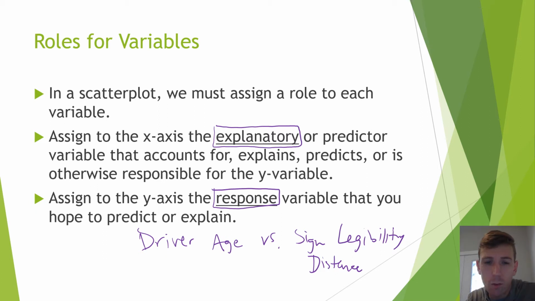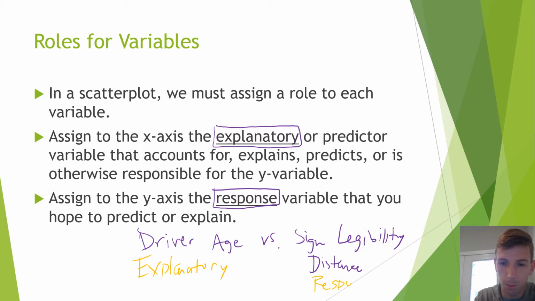And the driver age is what we're using to try and explain how far away they can read the signs. As they got older, they're less able to read the signs. So that is why we're choosing the driver age to be the explanatory variable, and therefore putting it on the x-axis and choosing sign legibility distance as our response variable.